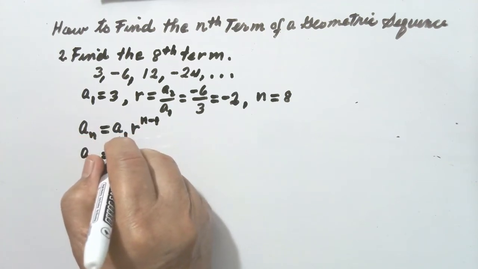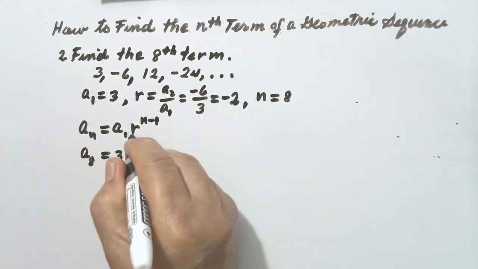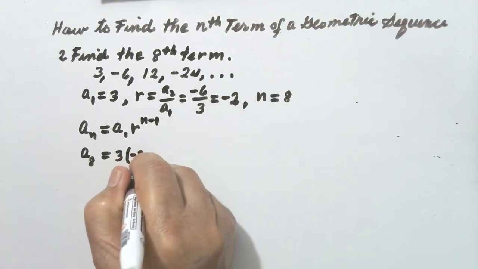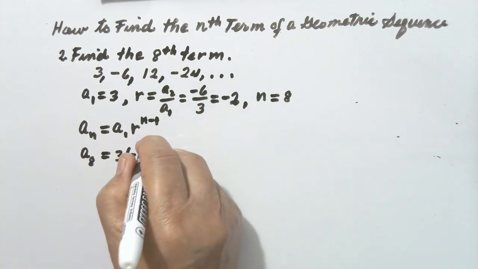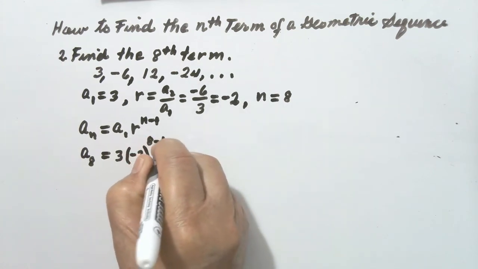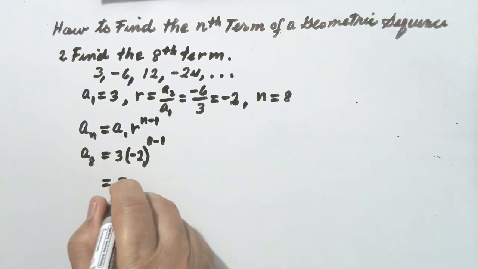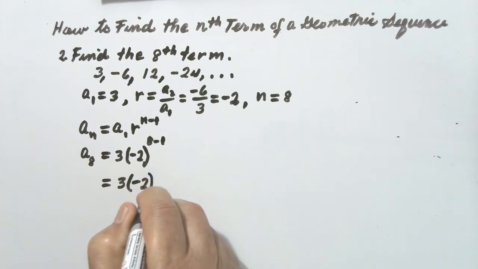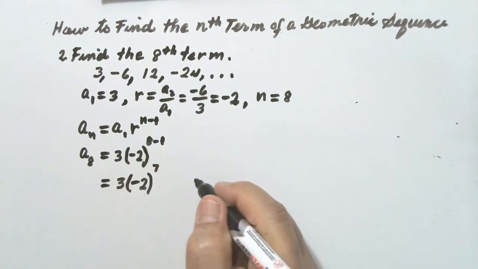So replace a sub 1 by 3, and then replace r by negative 2, and n here by 8 minus 1. So this is now equal to 3 times negative 2 raised to 8 minus 1, which is 7.